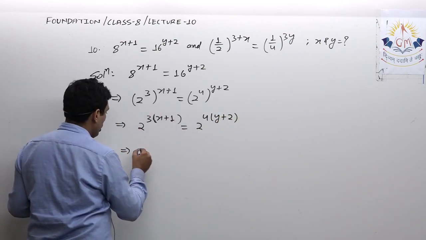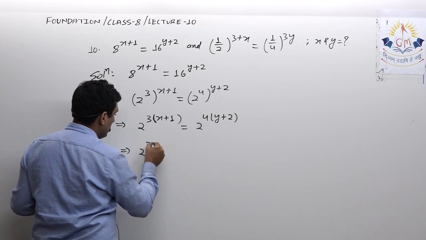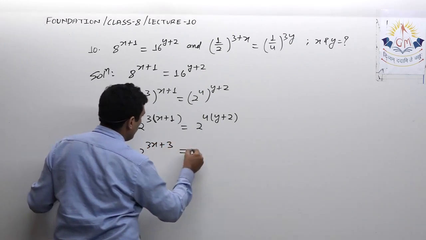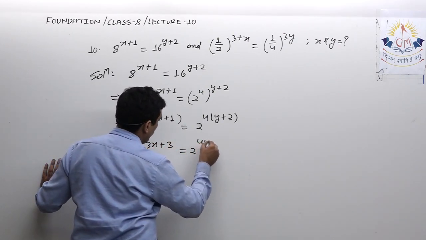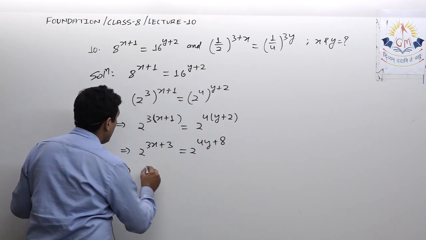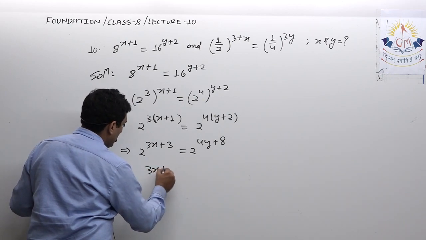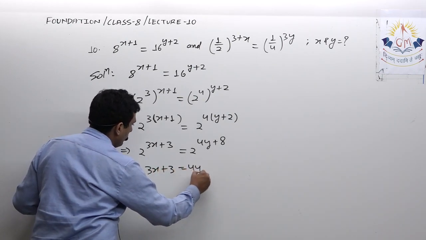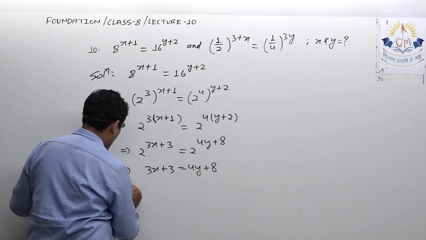So this gives you 2 raised to 3x plus 3 is equal to 2 raised to 4y plus 8. Now the bases are the same, so I can write 3x plus 3 is equal to 4y plus 8.